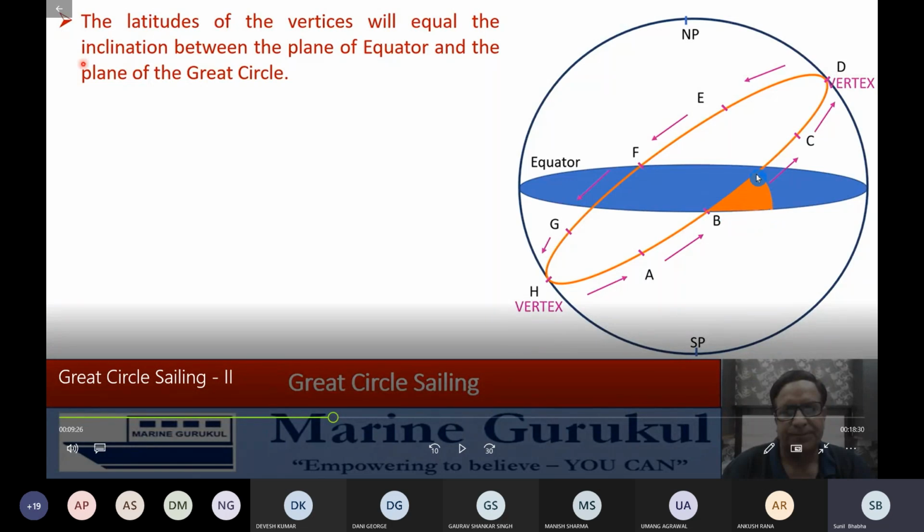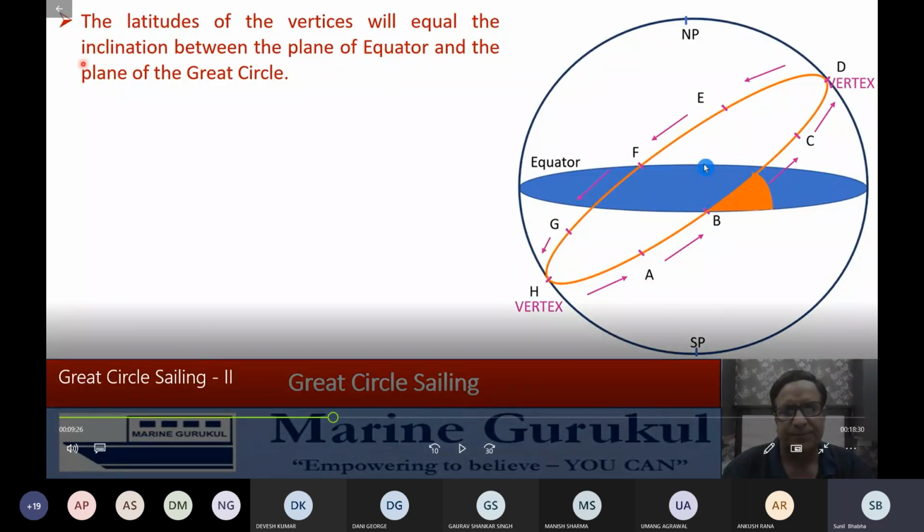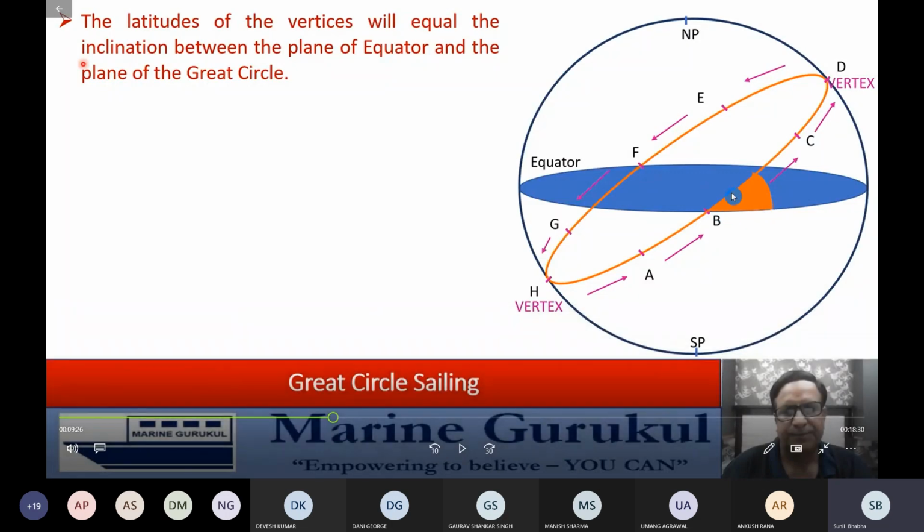If you are 40-degree north of it, your course has to be 050. Our course is measured with reference to north and south, whereas the equator is in the east-west direction. So our course here would be 050. That's the correct answer, beta.